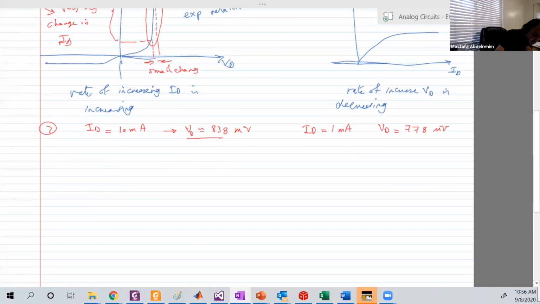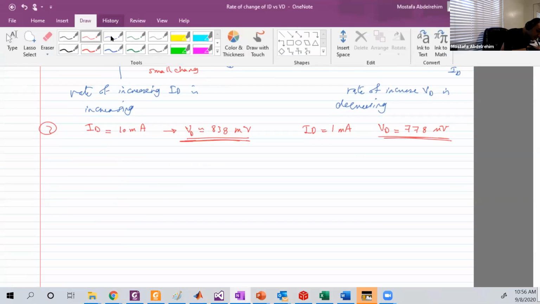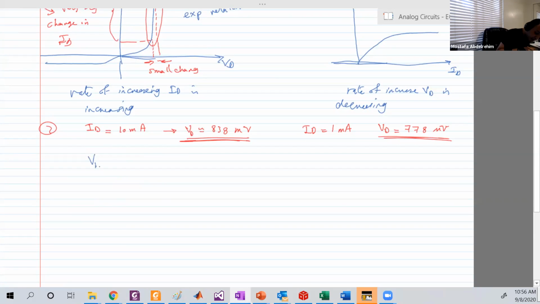Let's look at these two numbers. We say that VBI or V naught, the built-in voltage, is usually between 700 millivolt and 800 millivolt. What are these values telling us?